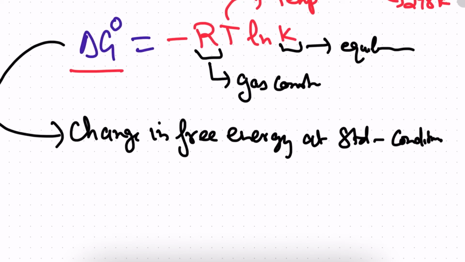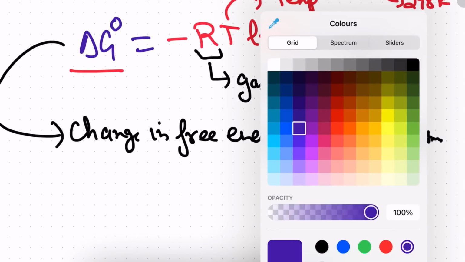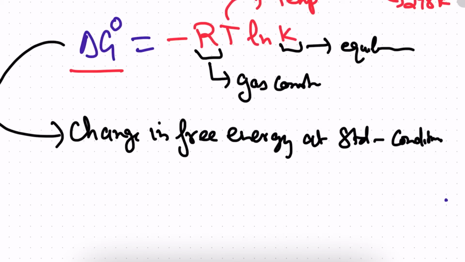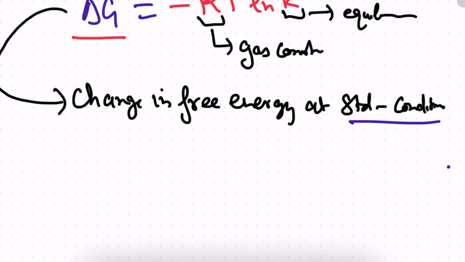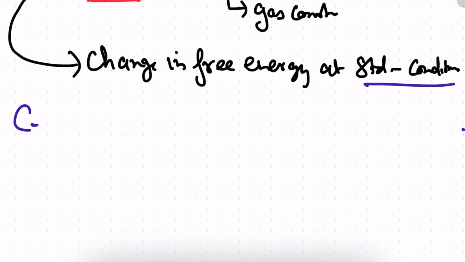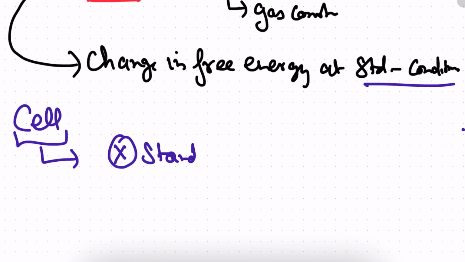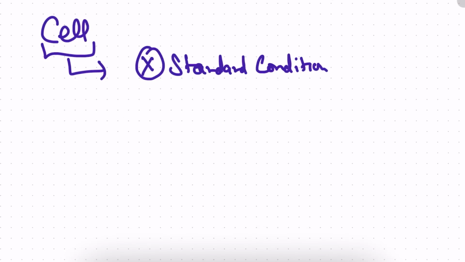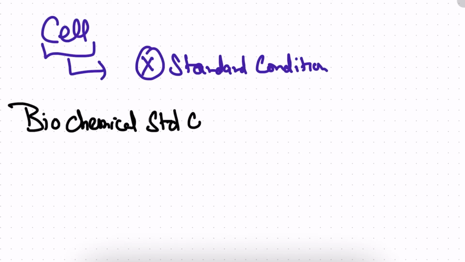Now I just want to tell you, keep in mind, yes, in a test tube you can have standard condition, but within the cell you are not going to see the standard condition. So here we are going to use some different biochemical standard conditions.